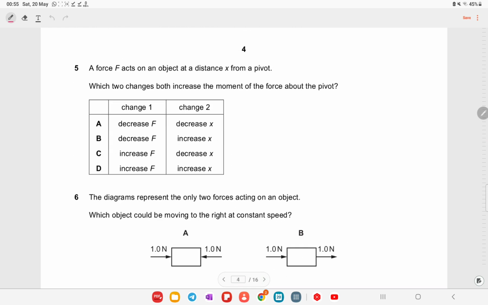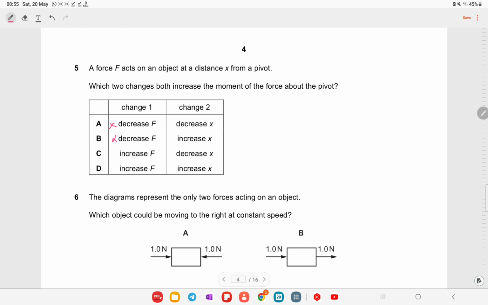Moving to the next question. A force F acts on an object at a distance x from a pivot. Which two changes both increase the moment of the force about the pivot? If you decrease the force, it doesn't make sense.